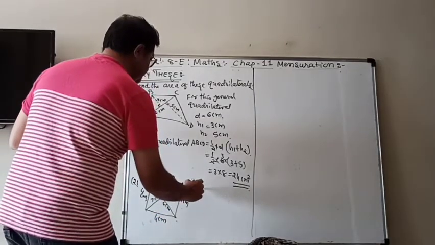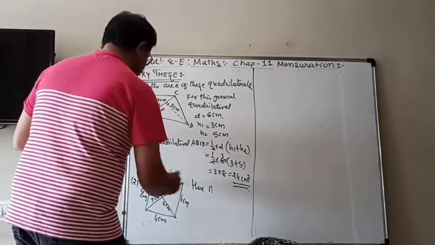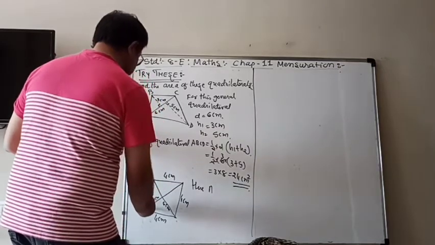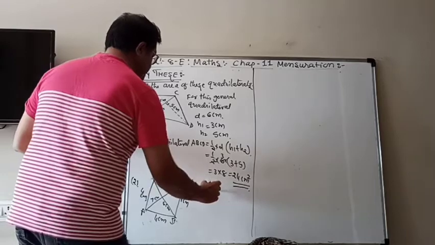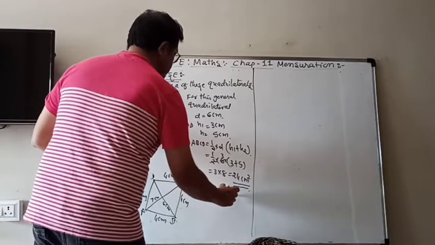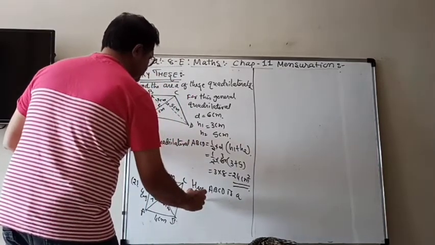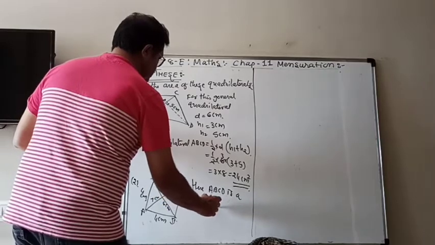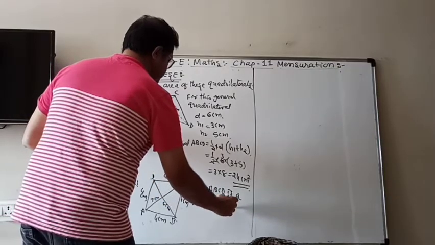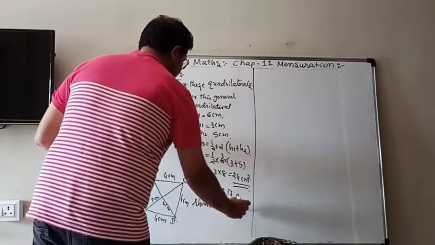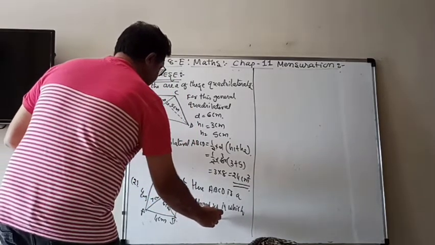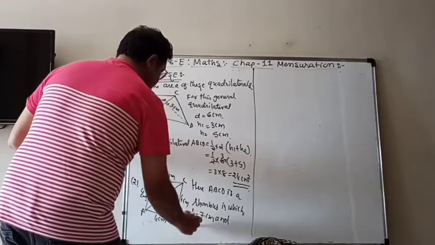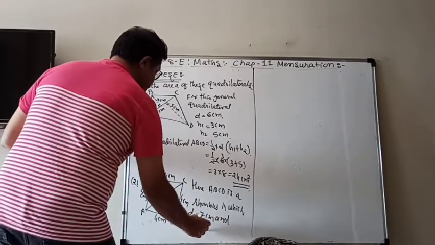So here the name is not given but we can take it. Here ABCD is a rhombus in which D1 is equal to 7 centimeter and D2 equals 6 centimeter.